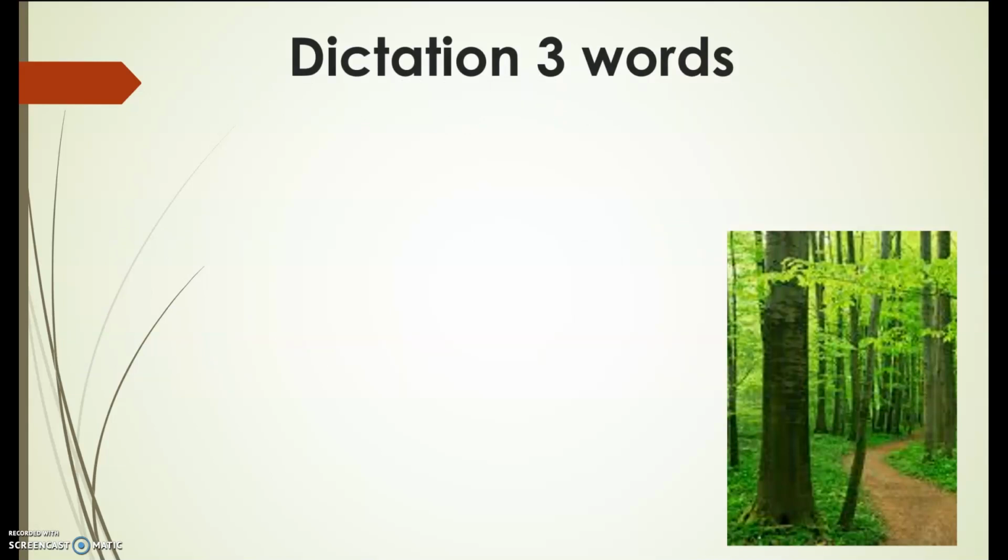Now let's go to our dictation of 3 words. Please bring out one piece of paper, or if you have your notebooks with you, write activity number 3, the day, the month, and the year. Okay, let's begin.